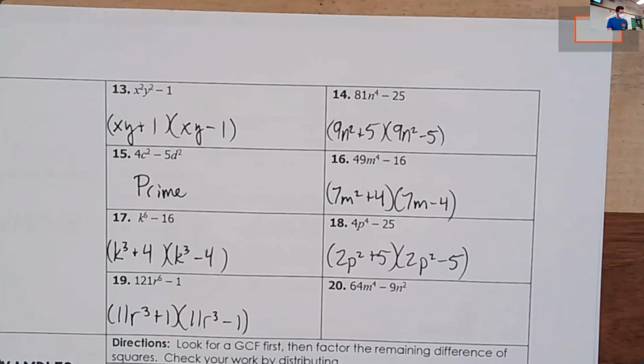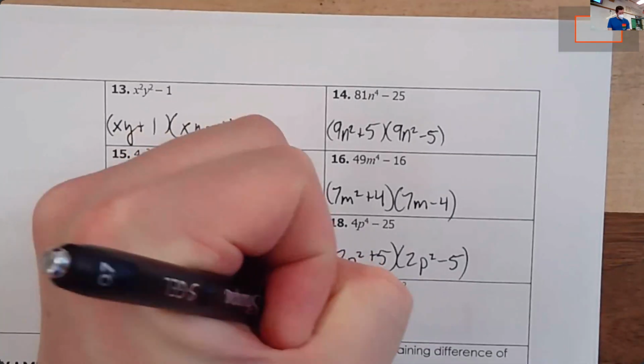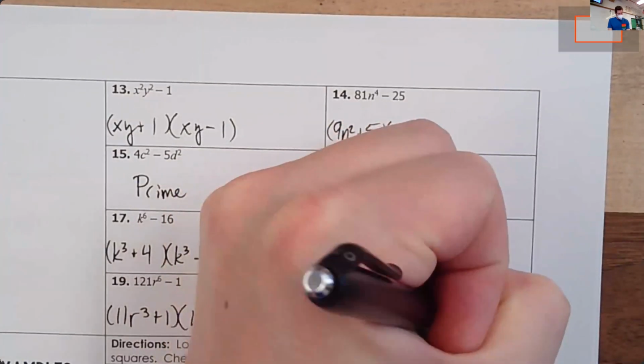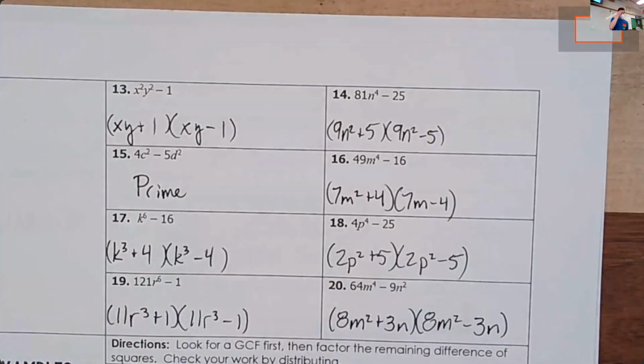And then 20, we'll have 8m squared plus 3n times 8m squared minus 3n. So hopefully those at this point aren't feeling too crazy. As long as it's minus and as long as things can be square rooted, it's going to be a difference of squares. Now we're going to move on to 21 through 32 real quick.